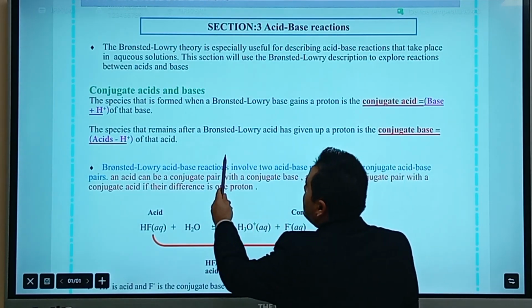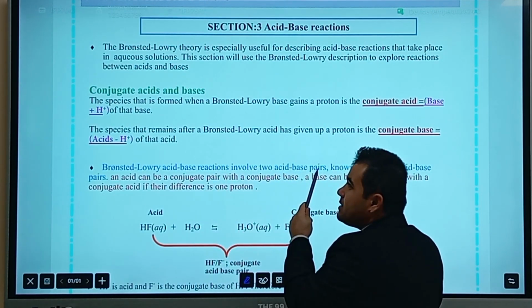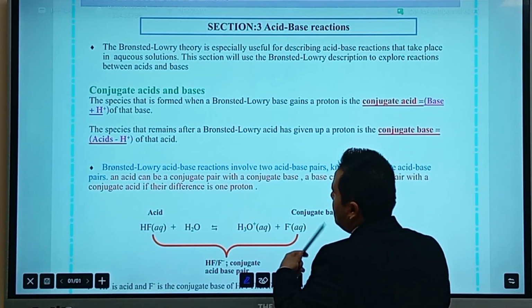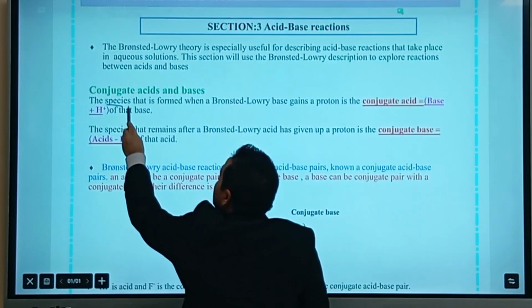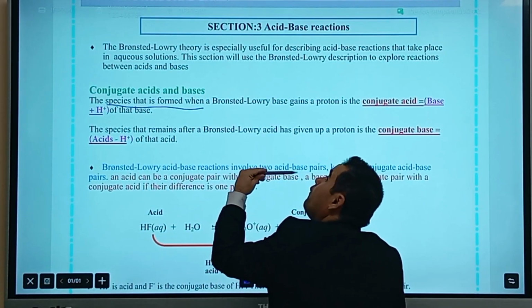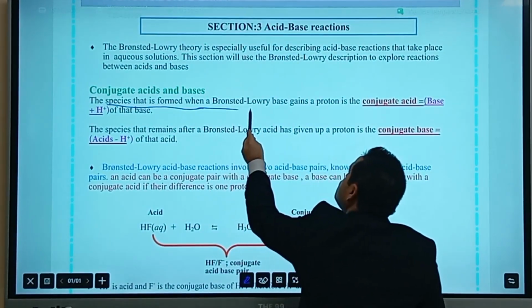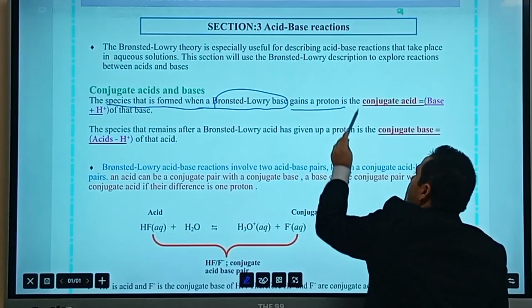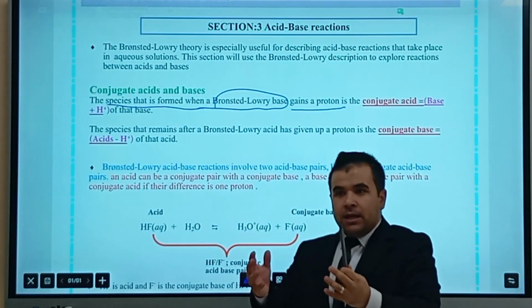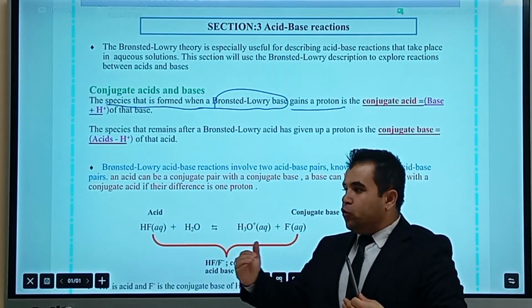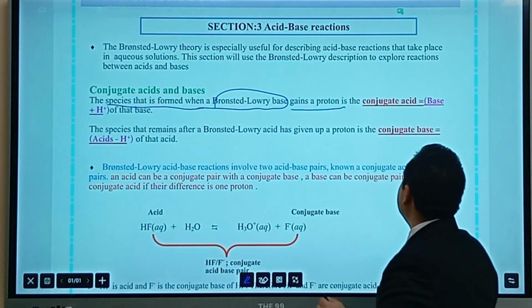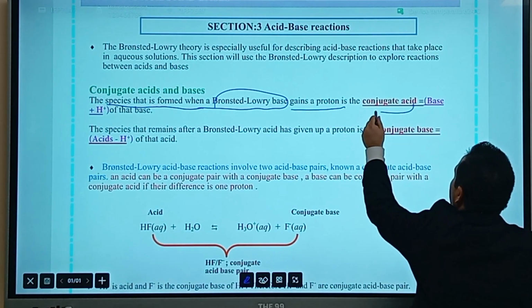A conjugate acid and a conjugate base, guys, we can simply differentiate between them. A conjugate acid is a species that is formed when a Bronsted-Lowry base gains a proton. So a base gains a proton, what will be formed? A conjugate acid.